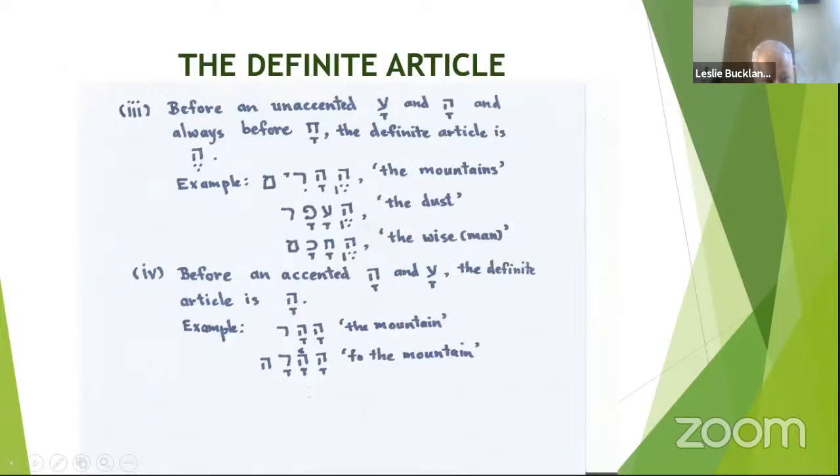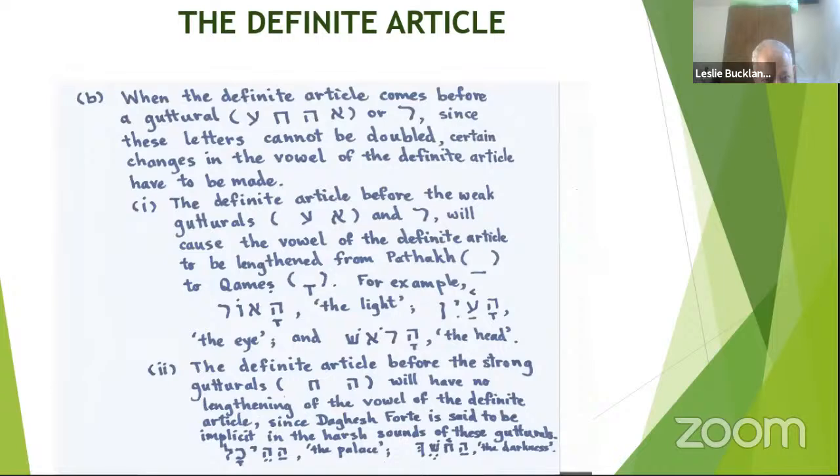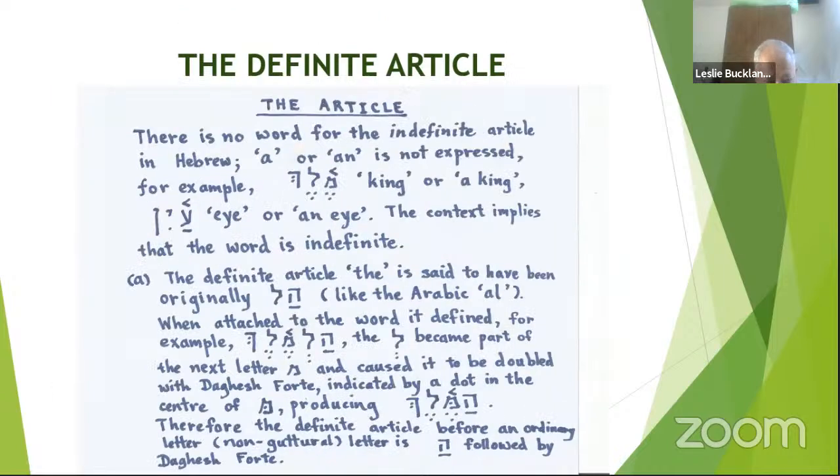Let me just go through those rules one more time here. The first rule, the general rule, is the definite article, when placed before an ordinary letter, which is a non-guttural letter, is ha, that is its pathak, followed by dagesh forte.